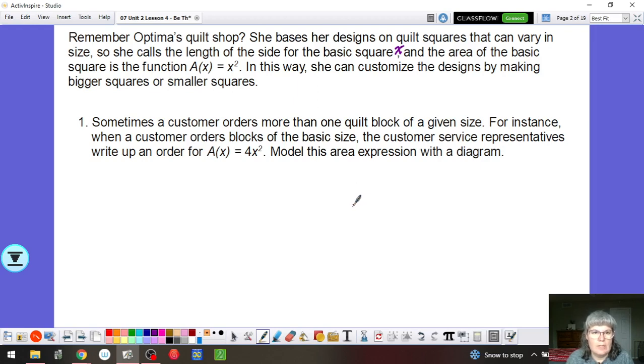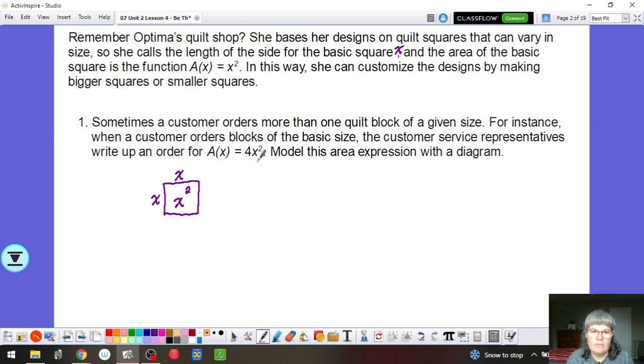So in this first problem, sometimes a customer orders more than one quilt block of a given size. For instance, when a customer orders 4 blocks of the basic size, the customer service representatives write up an order for A of x equals 4x squared. Model this area expression with a diagram. Well, let's begin with x squared, which is the basic area of 1 block and has dimensions x by x.